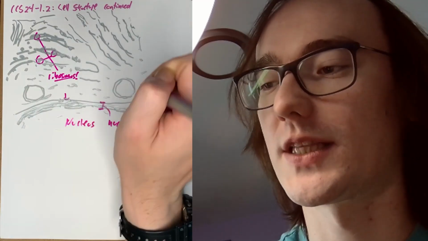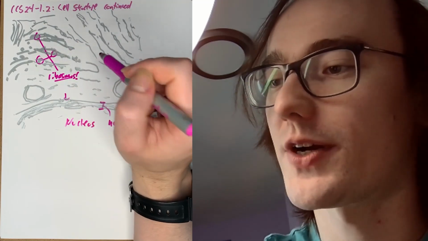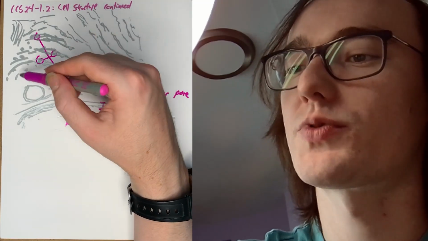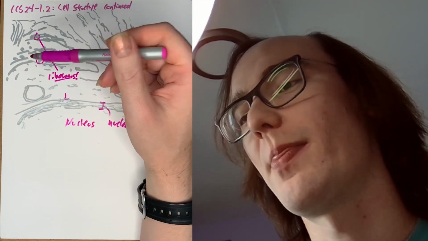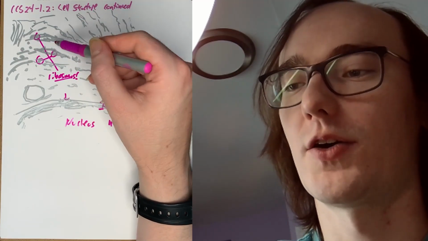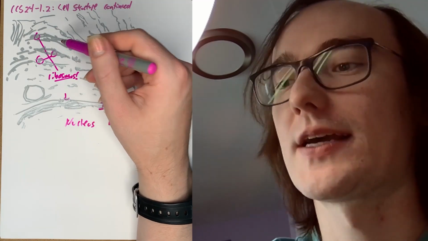So these interesting little circle structures over here are probably mitochondria, but we don't want to focus too much on those right now. The ribosomes can free float as well, but they're often located on what we call over here the endoplasmic reticulum, right?